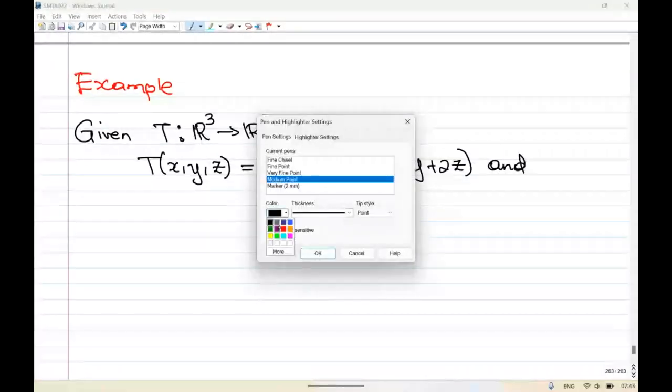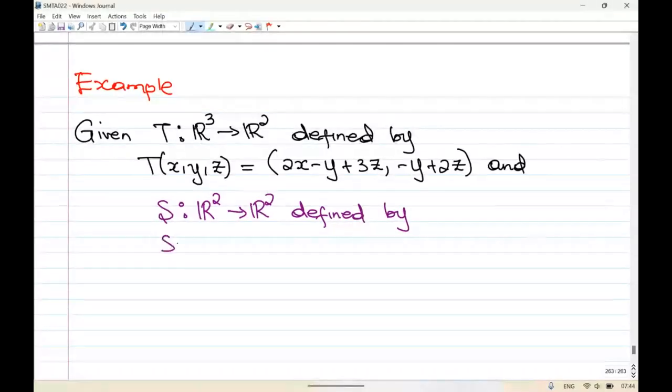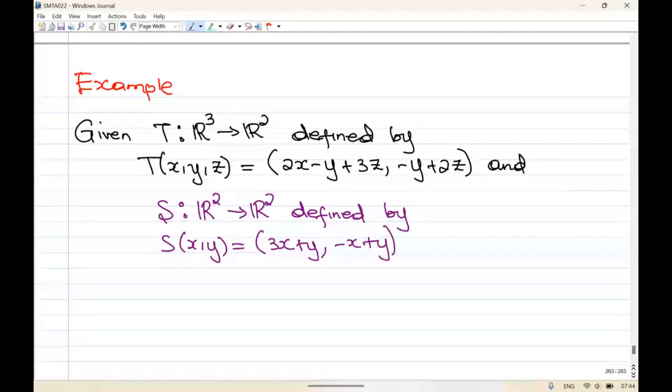Let me change the color for the other map. We have our S. Now S takes everything from 2 dimension to 2 dimension, and S is defined by S of x and y equals (3x plus y, negative x plus y).